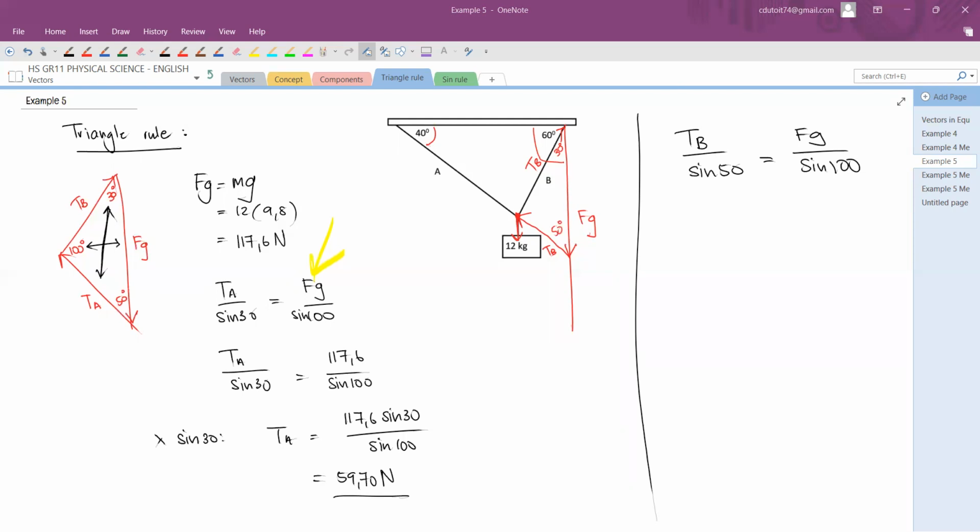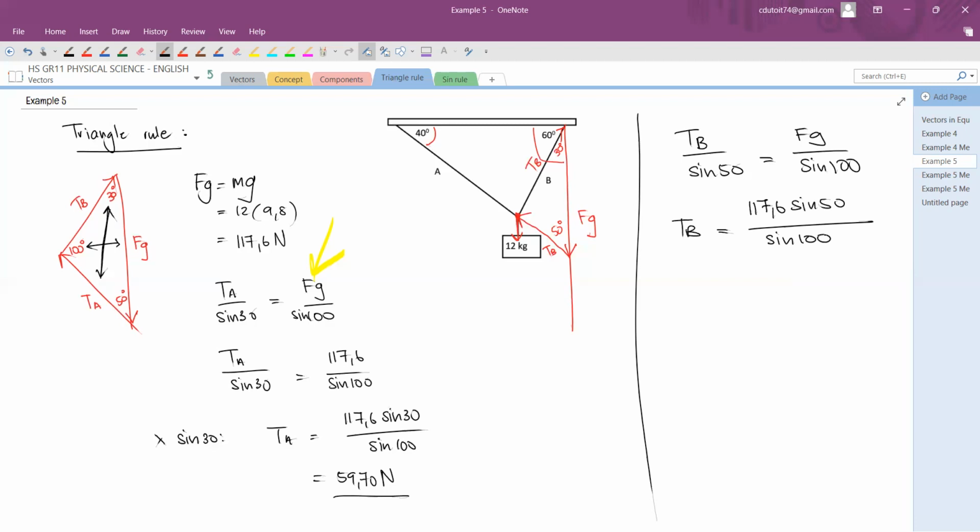Okay. Help me, Amira. So TB over sin 50, which would give you 117,6 and 50 over sin 100. And I got 91,48 if you round it off.